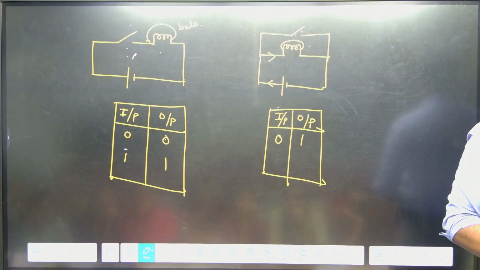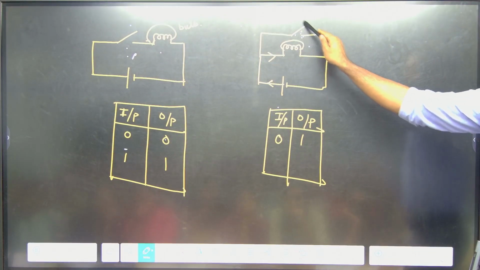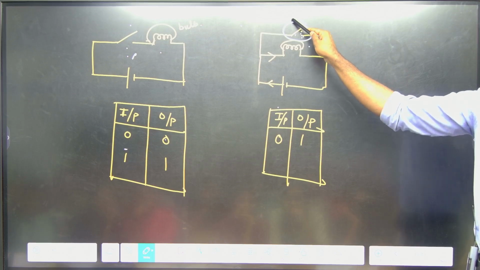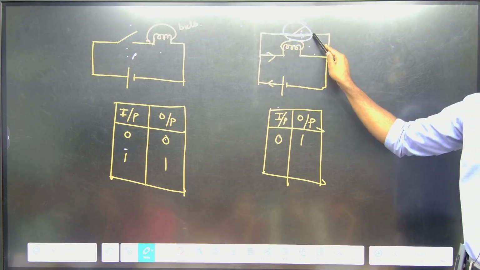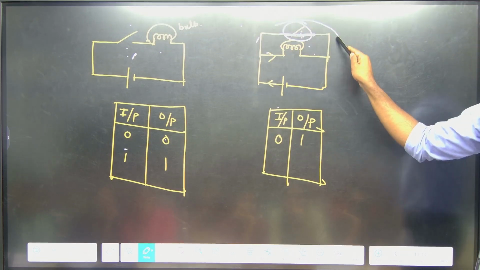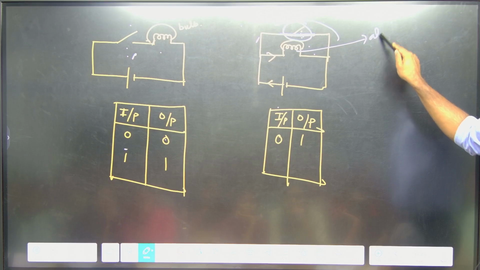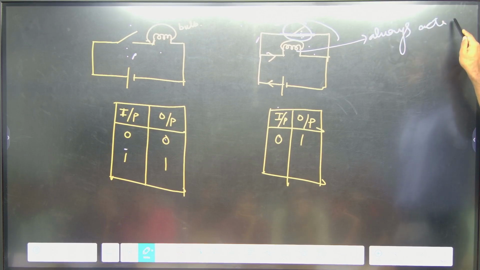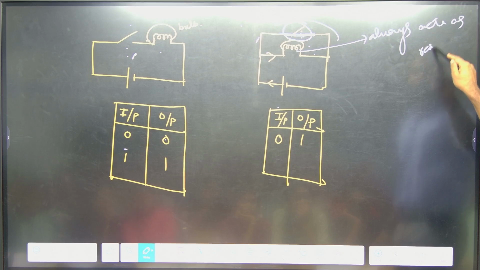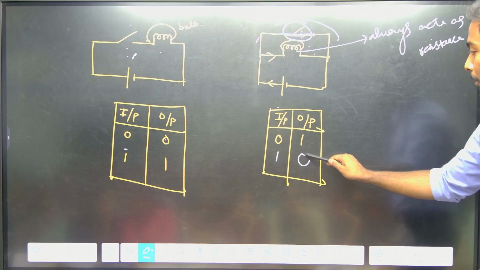If resistance is there, I won't take that path. Initially there was no way to go, so that's why I chose this path. But now this path is closed, which means I can travel through this path. Getting the point? So a bulb always acts as a resistance. So if the switch is closed, that is 1, the output will be 0.